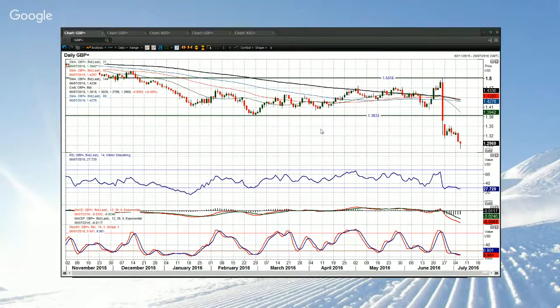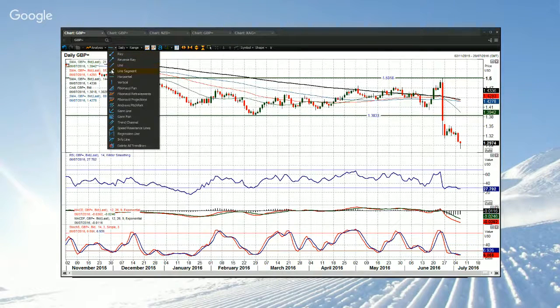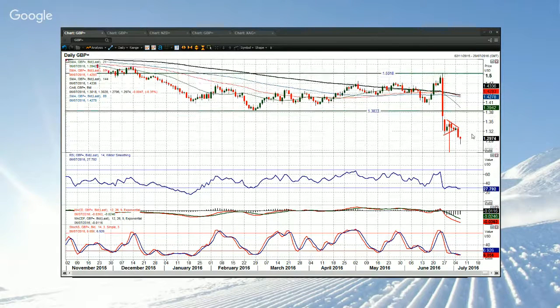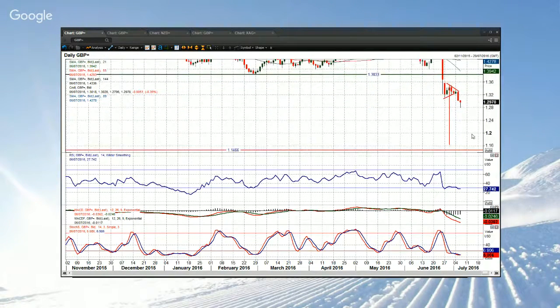In my morning report today, I talked about the fact that I thought that this was a flag breakdown. Let me just do the little drawings of it. And then what you do is you go downside flag, and then you sort of measure it from the breakdown. 116.50 area.